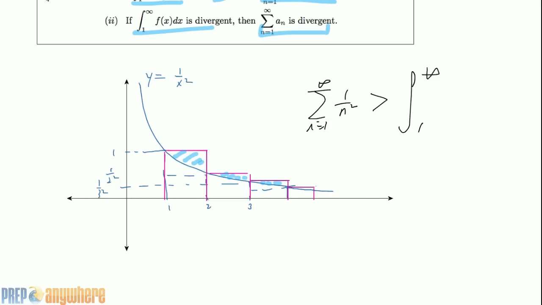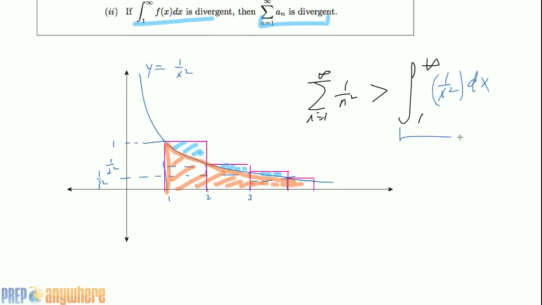The integration from 1 to infinity is this area down here, so it's clearly bigger, for 1 over x squared dx. Using this analogy, if this integral diverges, in this case it's actually going to converge, but if it does diverge, since the sum is bigger, it's also going to diverge. Okay, so that's the idea.